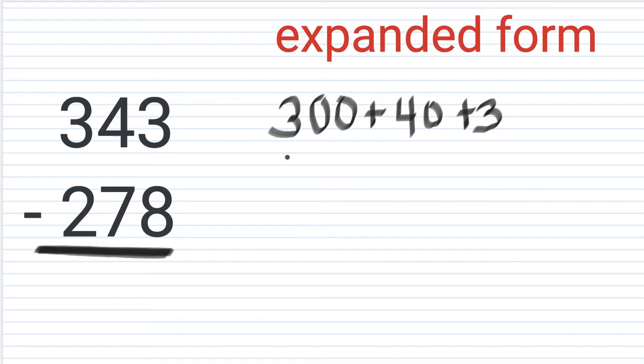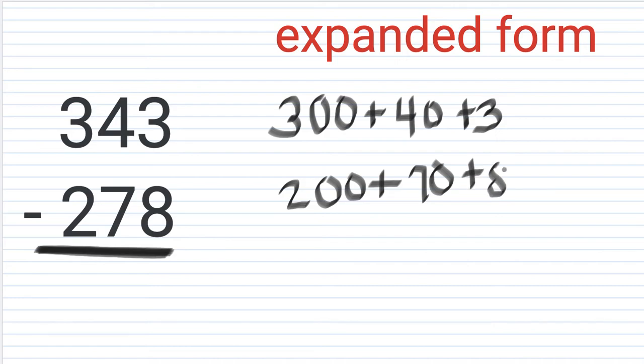In here, we have 200 plus 70 plus 8. Okay, 300 plus 40 plus 3 is 343. 200 plus 70 plus 8 is 278.